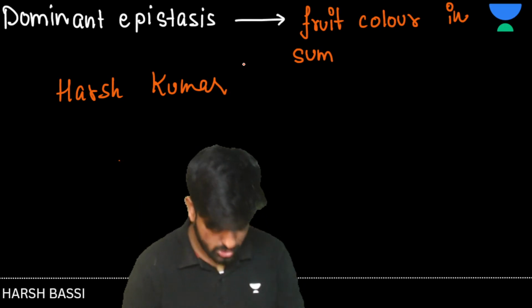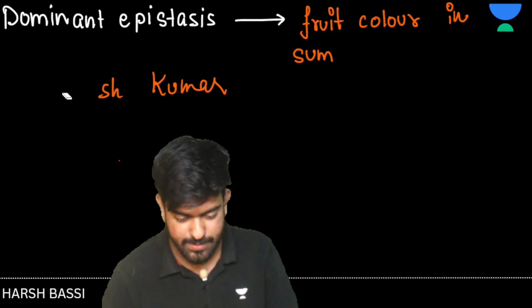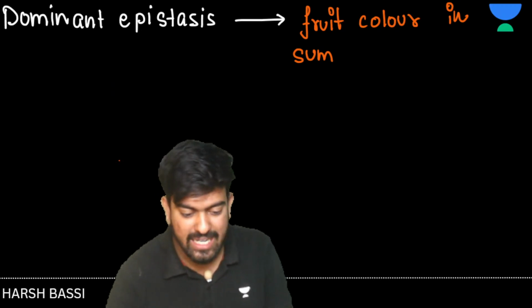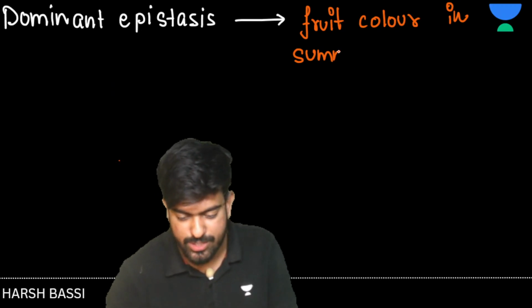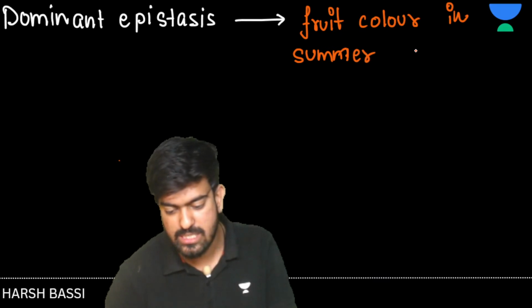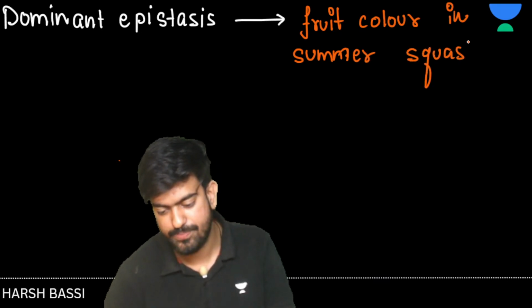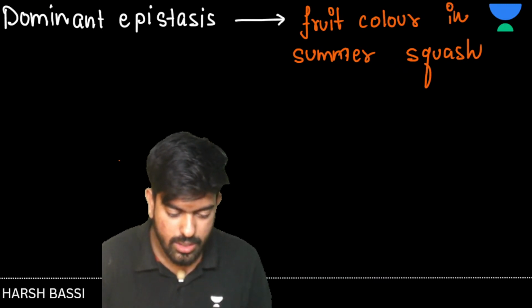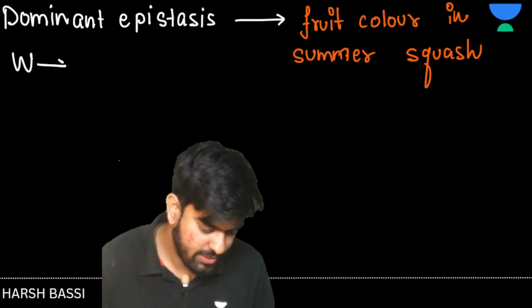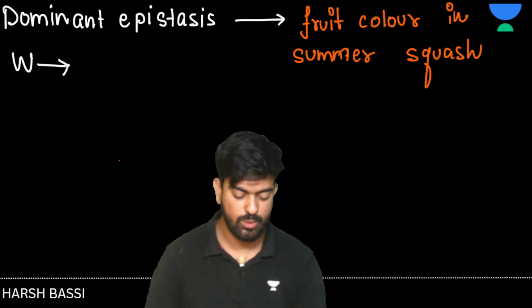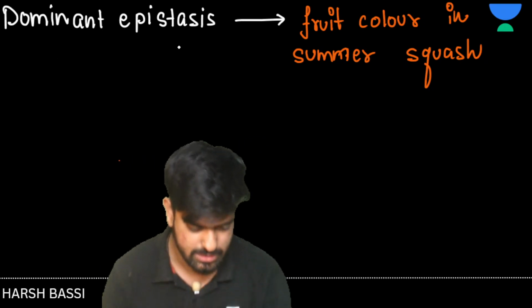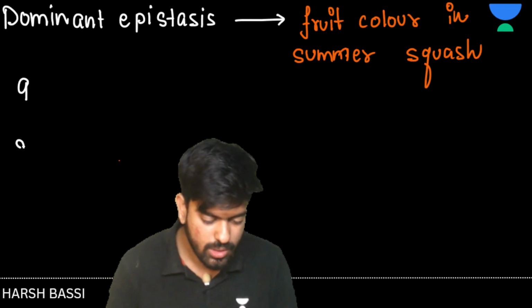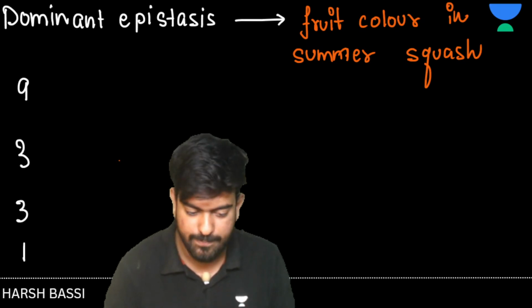Okay everyone? Chalo. Great. Now fruit color in summer squash. See what's happening. Capital W, when capital W is present, or okay, let's understand like this. Again, we'll write 9:3:4, 3:3:1.